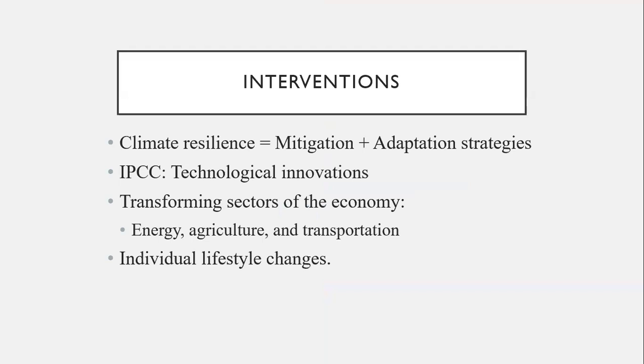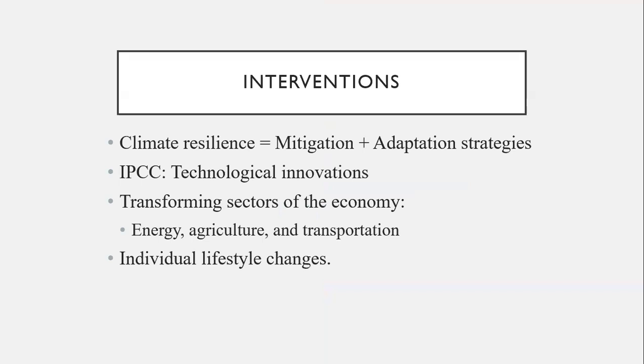There are numerous actions we can take as human beings to reduce our impact on the environment and slow down climate change. Multiple internationally available documents, including IPCC reports, provide mitigation and adaptation strategies to build climate resilience.